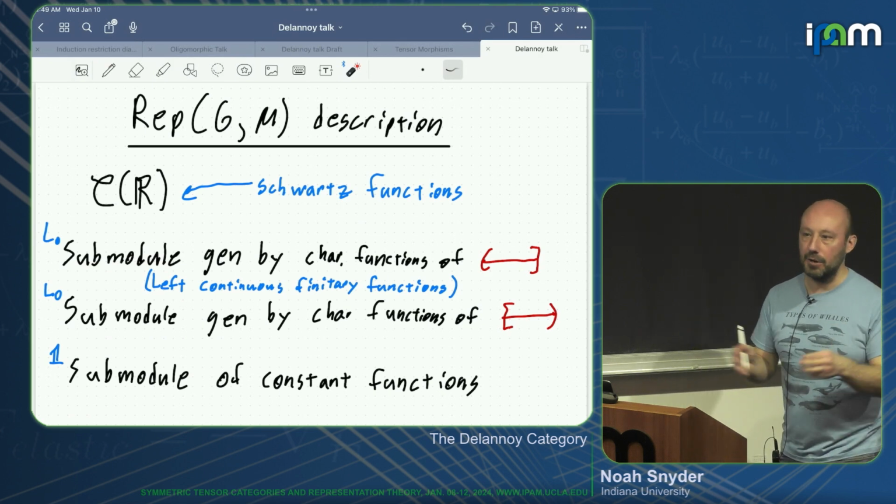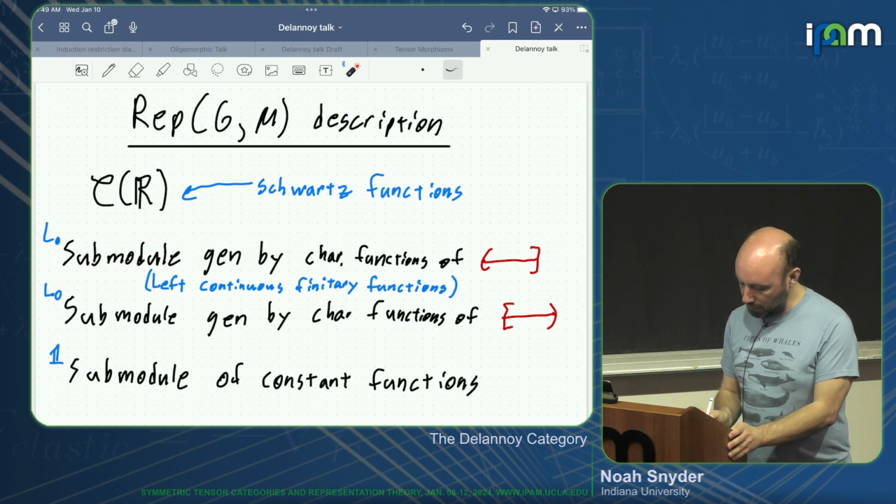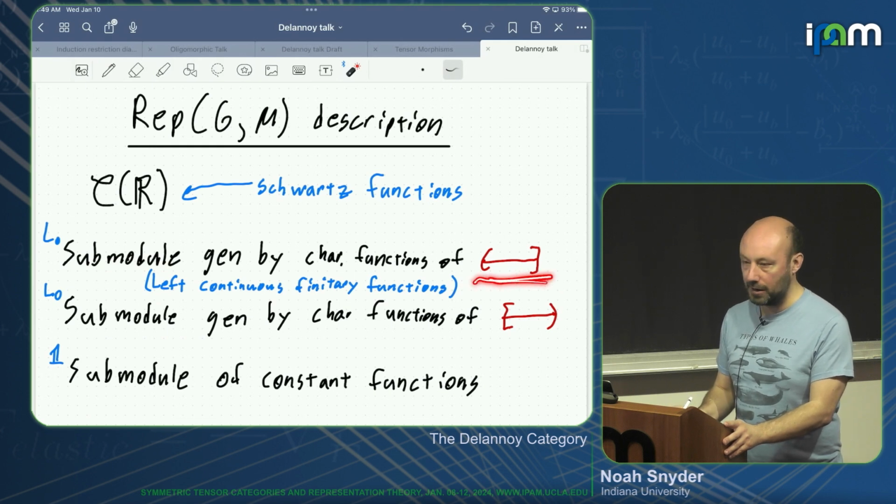That's another little integral calculation that you could do. It's not too bad. So this is something like left continuous functions of finitary support, all finite linear combinations of characteristic functions like this.